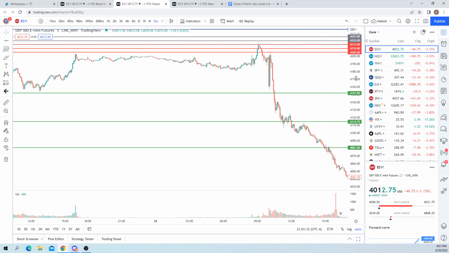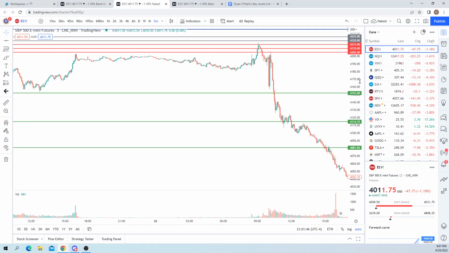Why I use these entries is because they were inside of my 4200 region. My area that I wanted to enter was from 4200 up to my stop loss of 4235, and that's pretty wide. So rather than entering full size at one particular level, let's just say 4205, I like to scale into all of my plays.